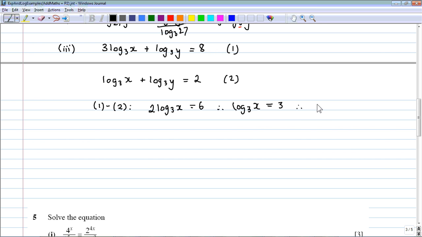Therefore x is equal to 1, well, I hope that's obvious, and therefore I can deduce that log base 3 of y is equal to 2 minus log base 3 of x, which was 3.